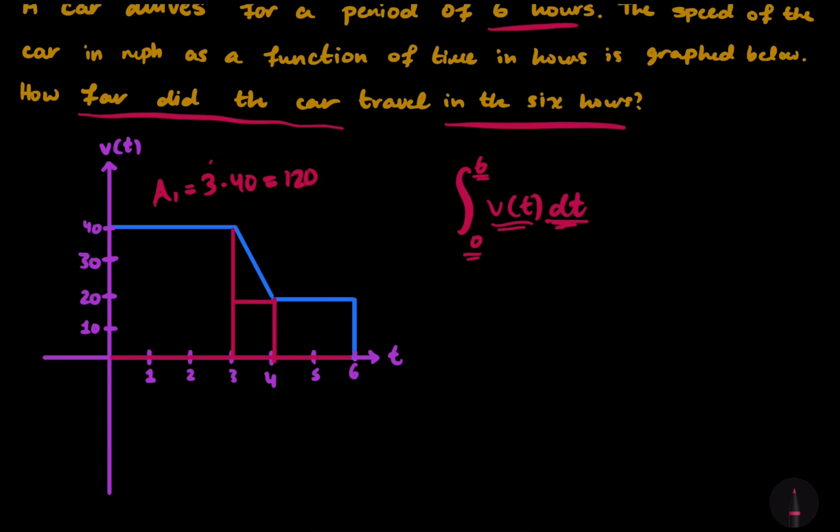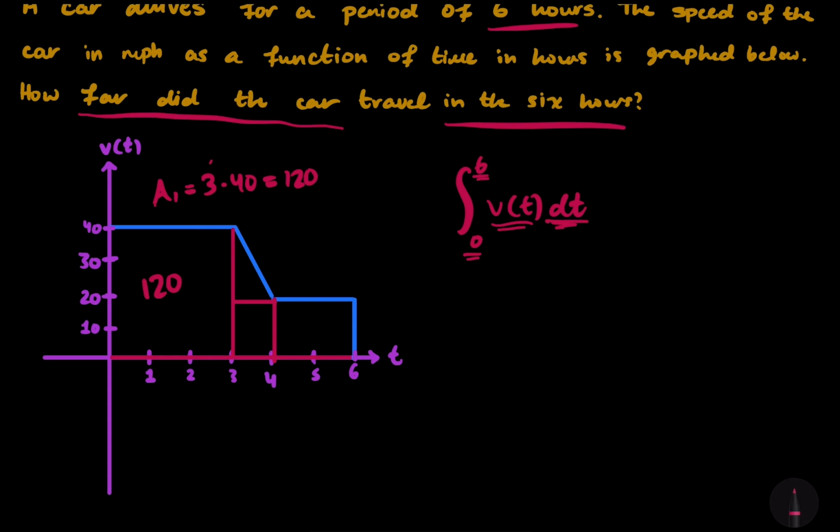We don't really care about the unit at this moment. So this is going to be 120 units squared, whatever. And then over here, actually, technically here the units would be in miles.